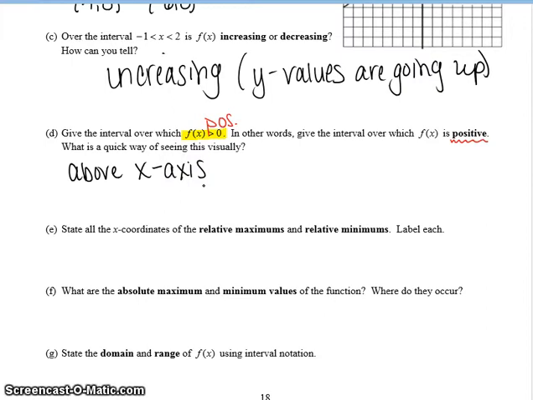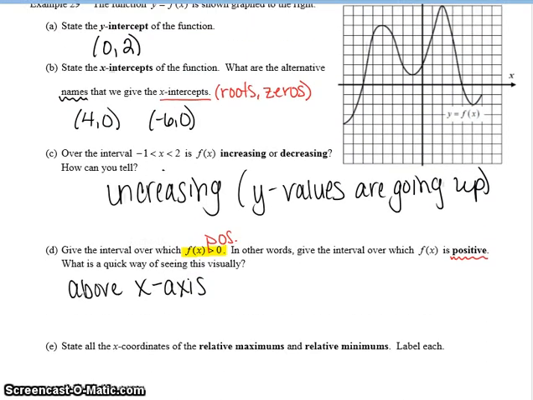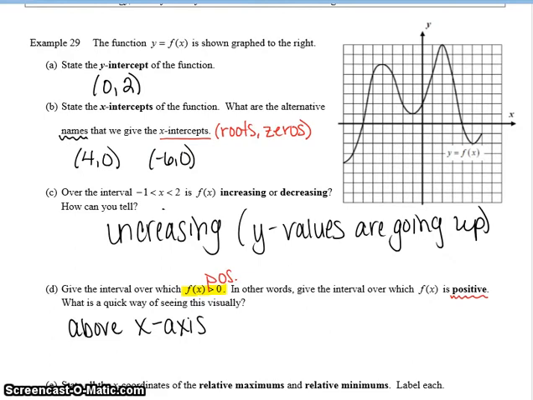So looking at the graph, when does it rise above the x-axis? Where I'm tracing over here, that's when it's positive. So you want to find the value from here all the way to over here. On my x-axis, you're at negative 6 to positive 4.